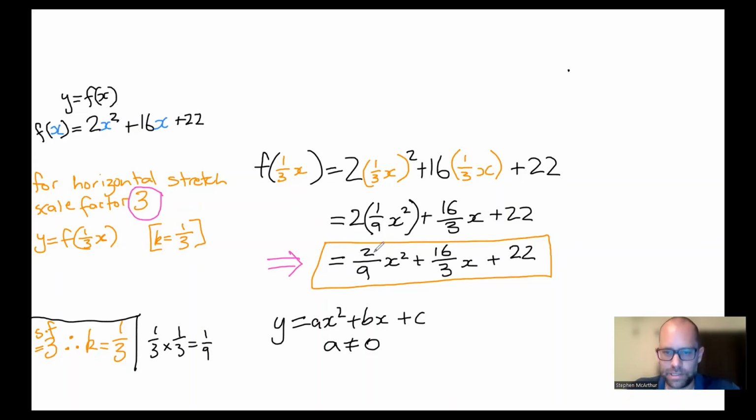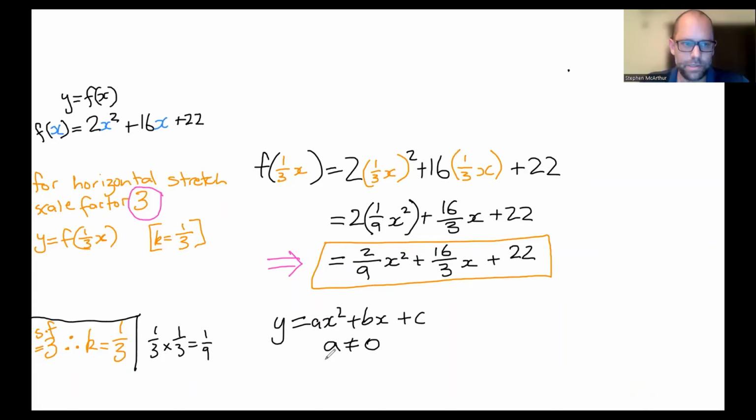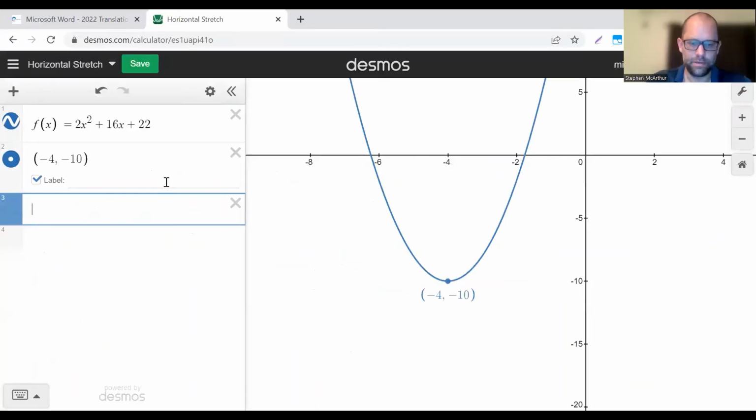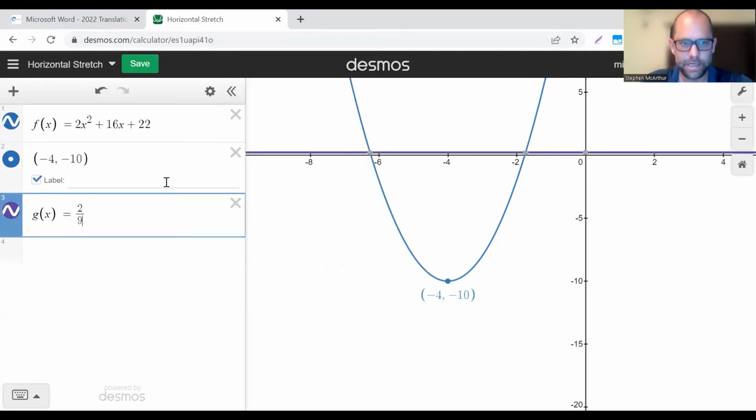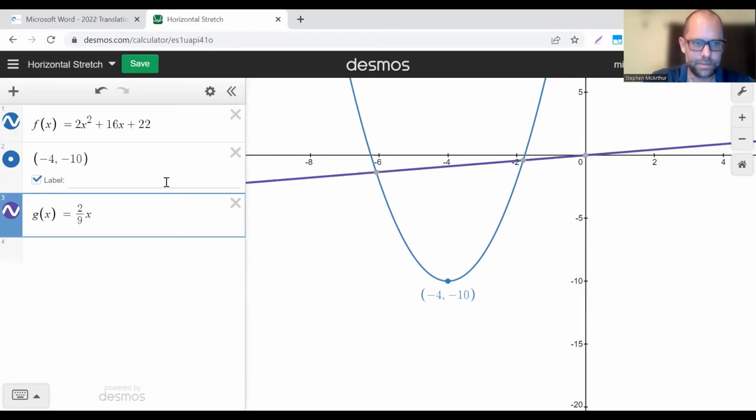So let's go and have a look at that. 2/9 x squared plus 16/3 x. Okay, so Desmos, type that in. Let's call it g of x. It's a different function. Right, 2 over 9 x squared.